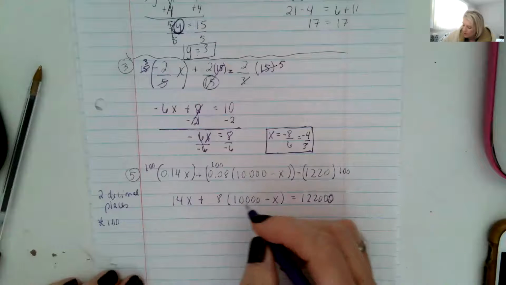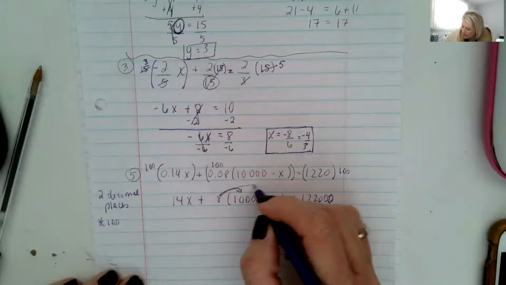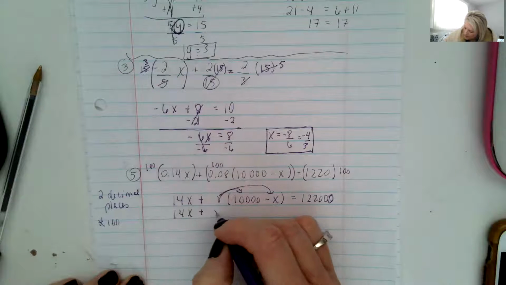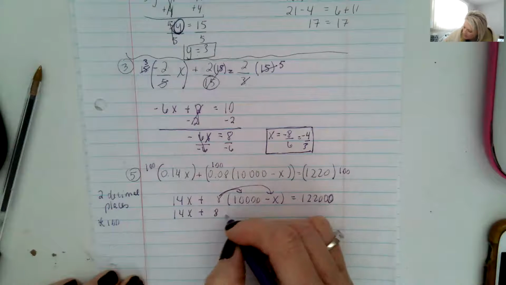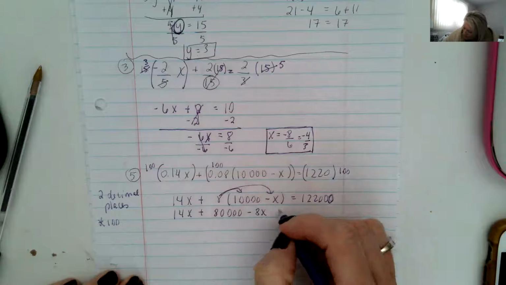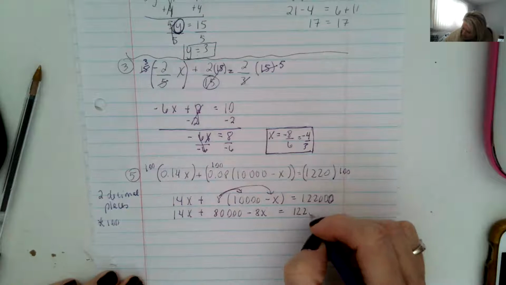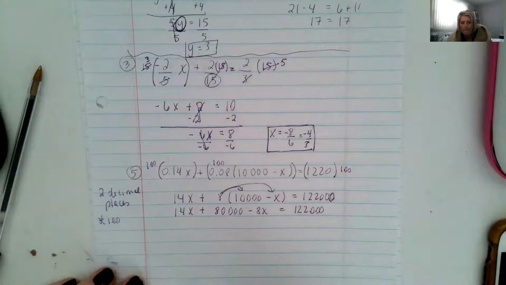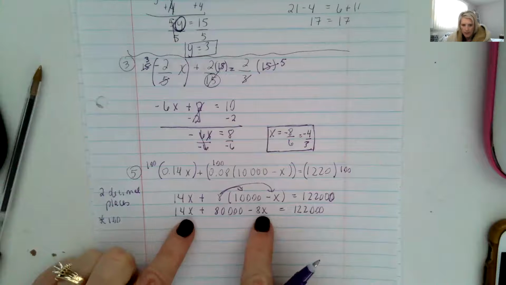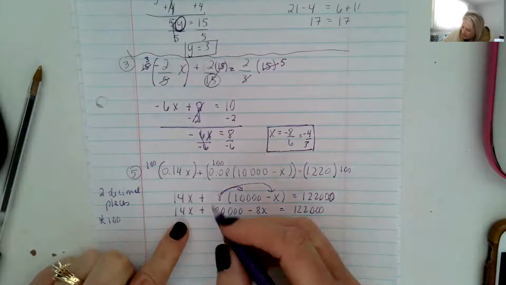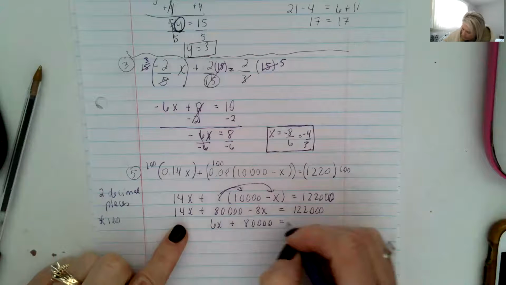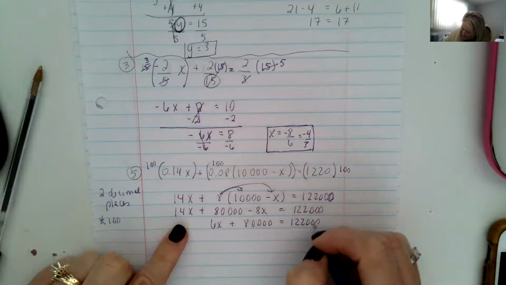Then we're going to use our distributive property because we have the parentheses. So we have 14x plus 8 times 10,000, so 80,000 minus 8x equals 122,000. Then we're going to gather our x's because they're on the same side, so we're going to add those like terms. So 14x minus 8x is 6x plus the 80,000 equals 122,000.